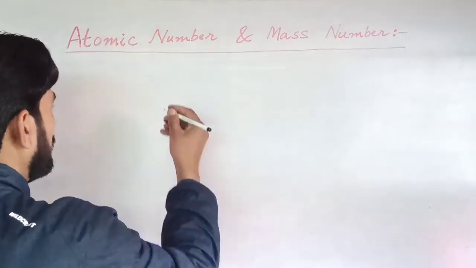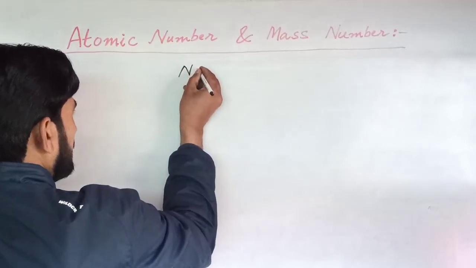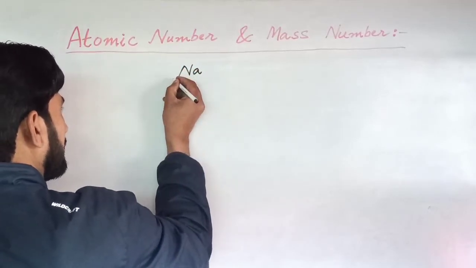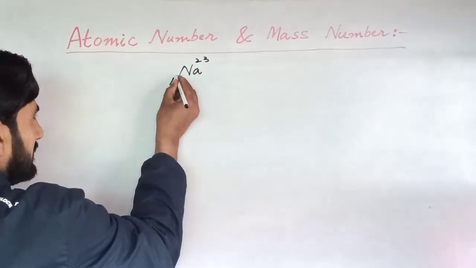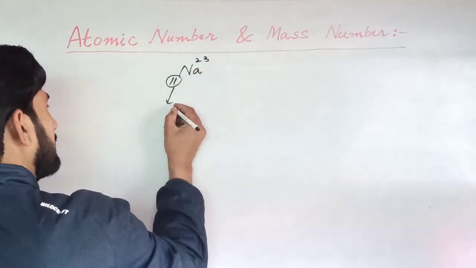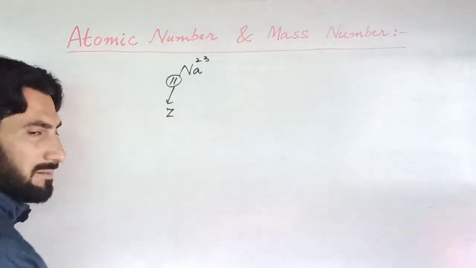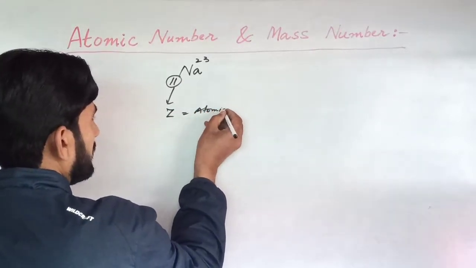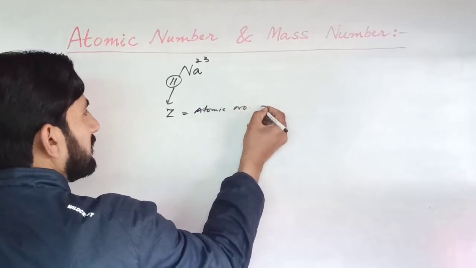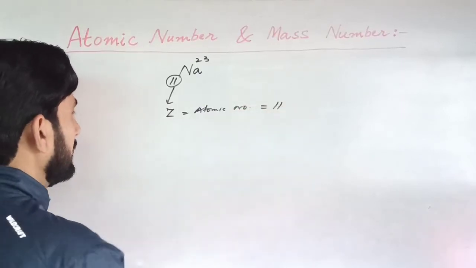For example, the sodium atom, Na, with 11 and 23. This 11 indicates the atomic number Z. So its atomic number is equal to 11.